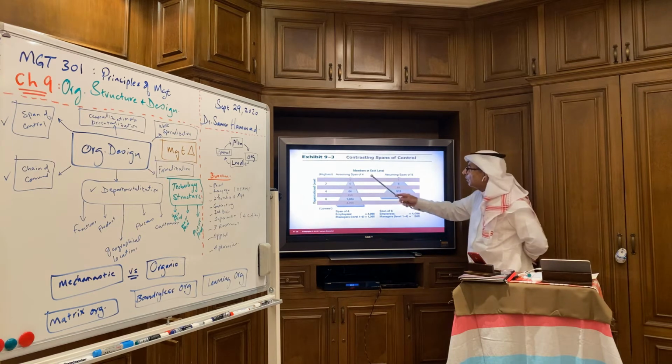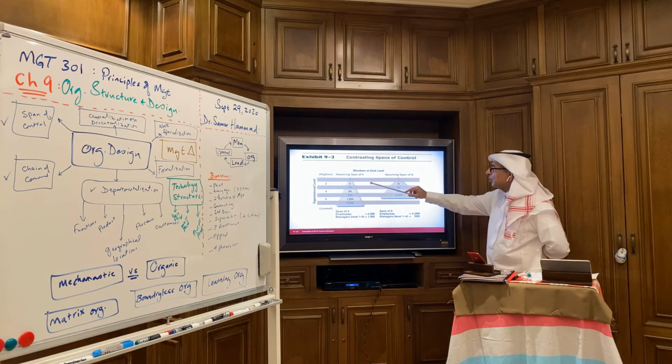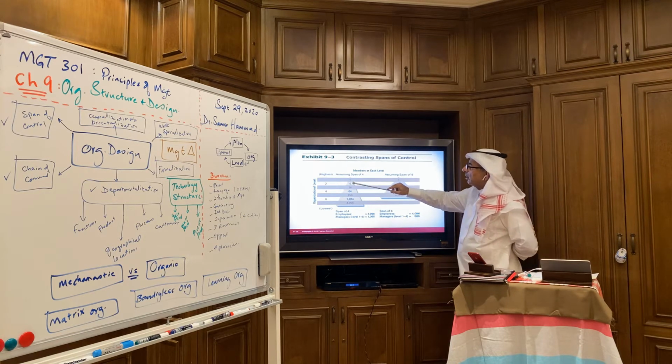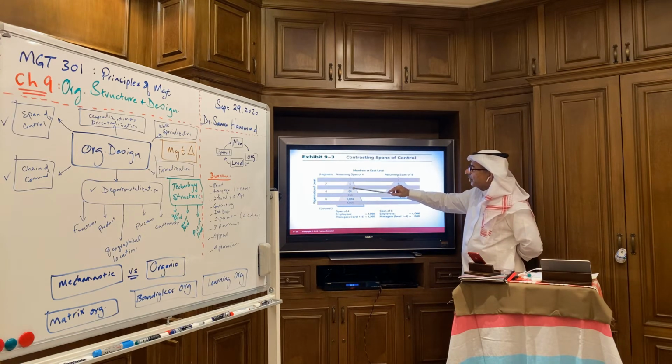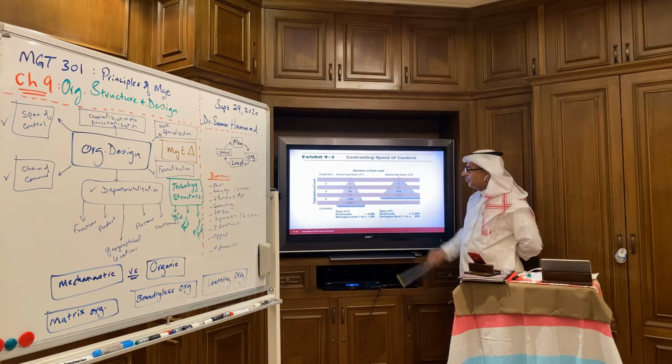This is contrasting span of control. If you have 4 reporting to you, then the next level is 16, 64, 256, 1024, and 4096. This is if you have 6 levels.